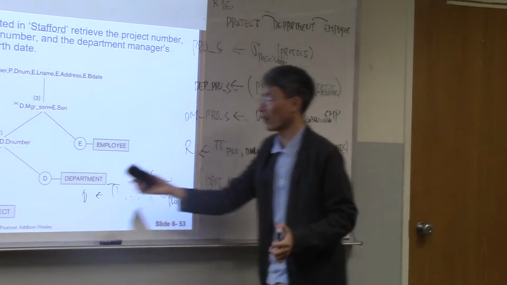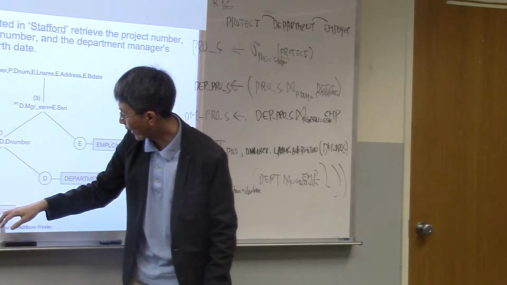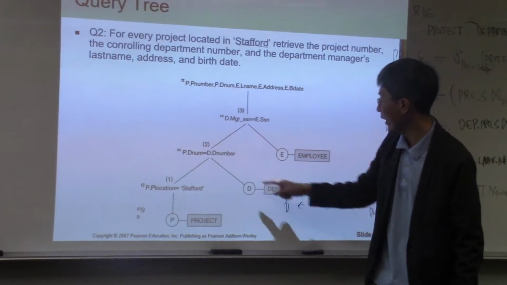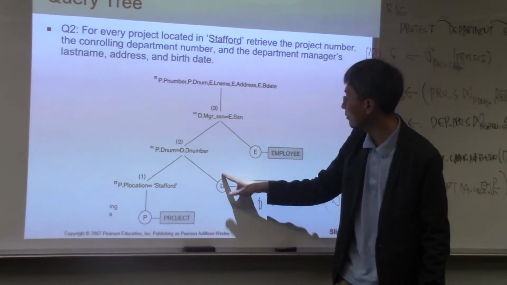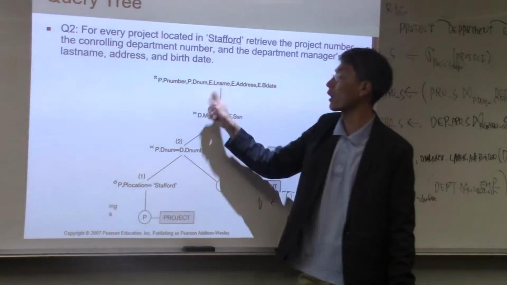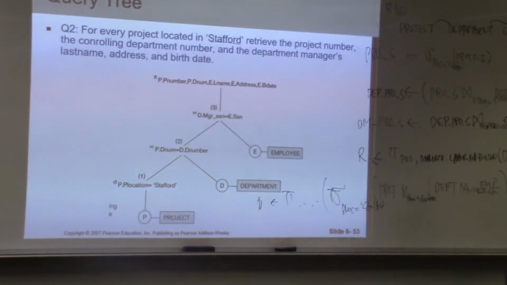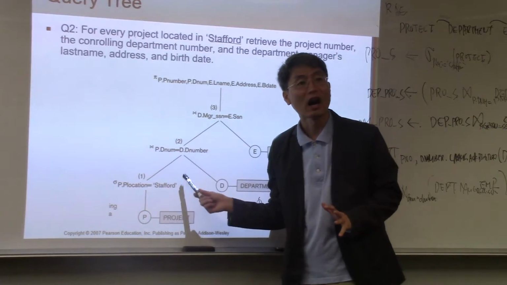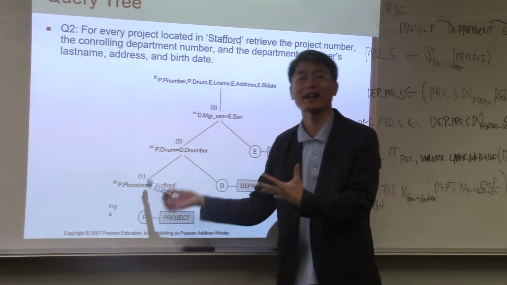Actually, I try to follow this step. From the project you access it, then the selection, join with the department, join with this one, and apply the project operation. Using the query tree, it's much easier to understand how we are going to access the data.